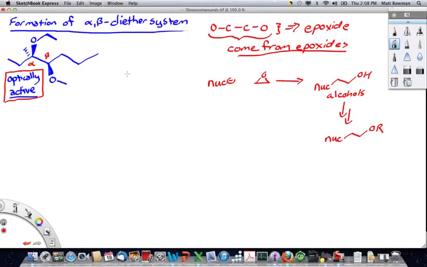Now, what makes these problems challenging is that you have two ethers. Either one of them, either oxygen, has the potential of coming from the epoxide. And so you have to take a look at each one and figure out which one is the better case.